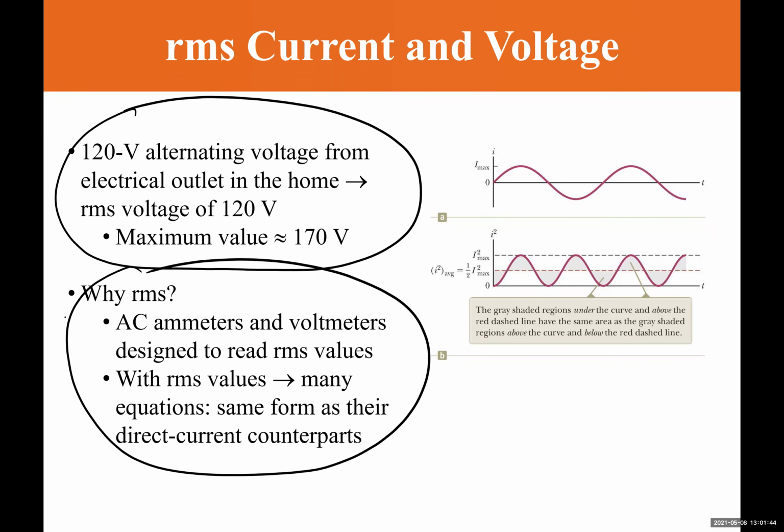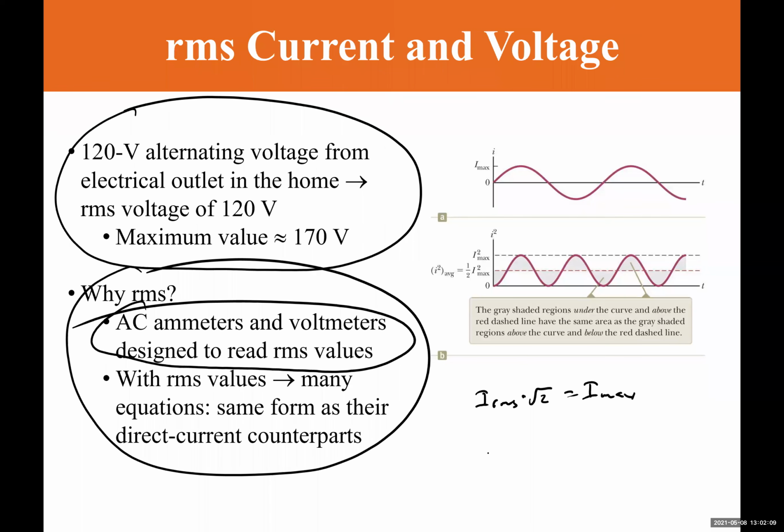But we want to be able to do some kind of measurement with AC circuits. What we do here is have our multimeters, voltmeters or ammeters, set to measure the RMS values. That means our AC ammeters and voltmeters are designed to read those RMS values. Once I have the RMS current value, times the square root of 2, I can get I max.